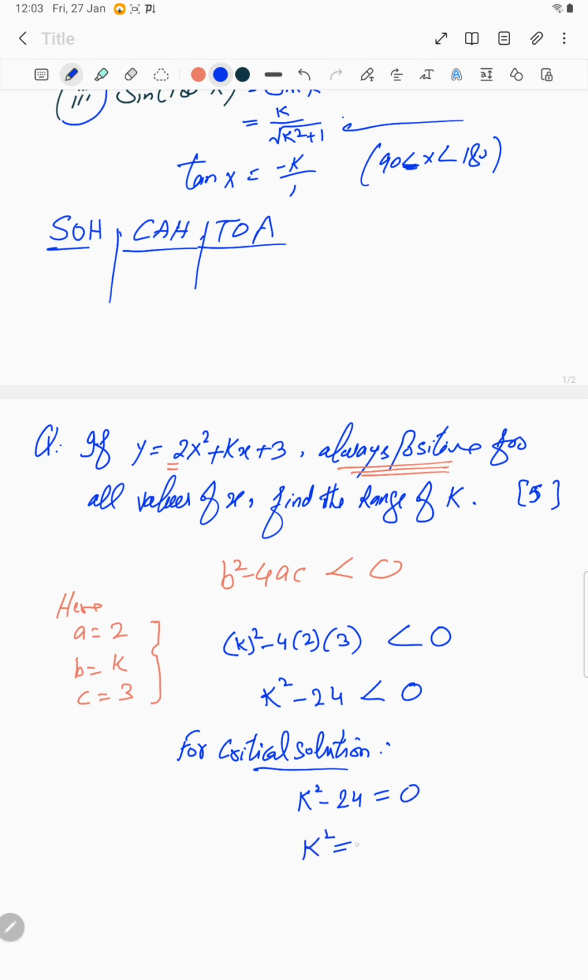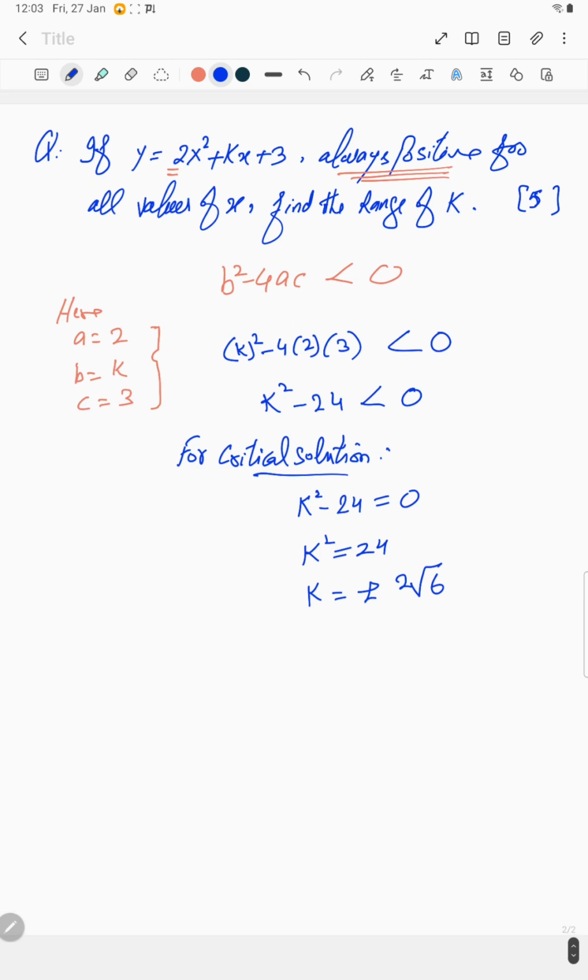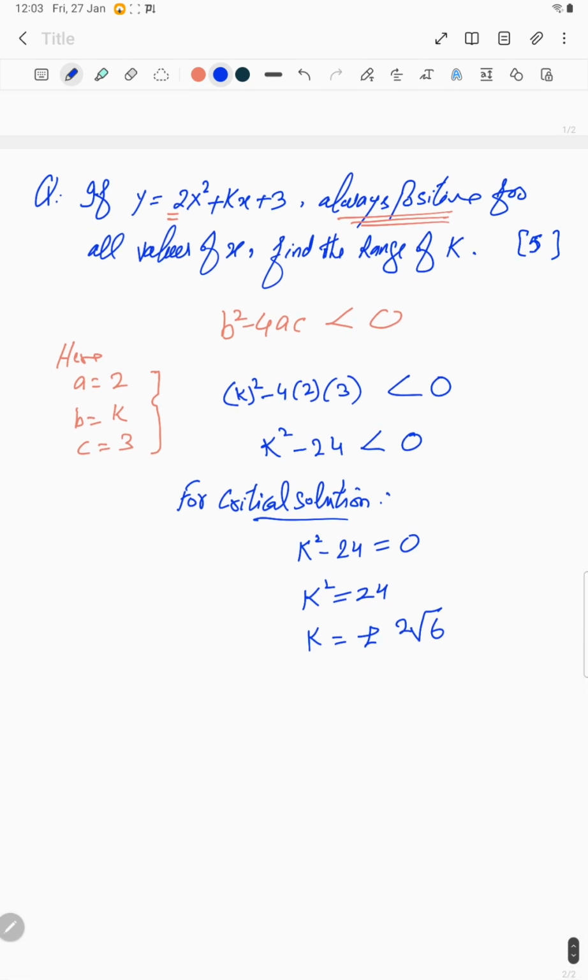So k square is 24, k goes to be plus minus 2 root 6, the square root of 24. So for the range of values, if you draw this, it should be a curve.